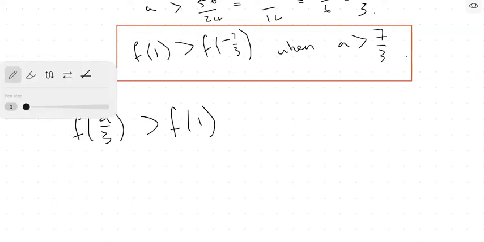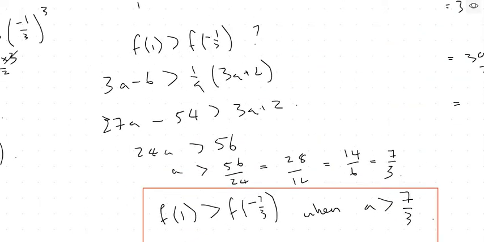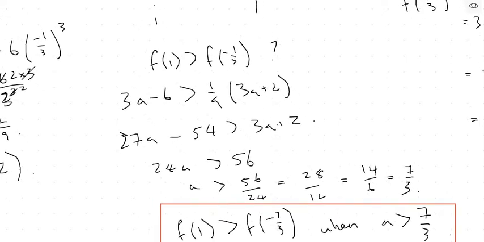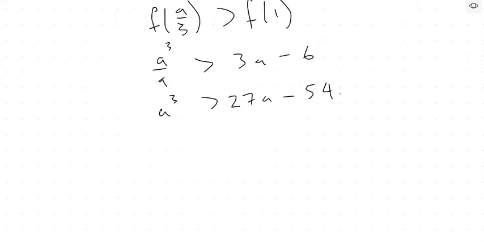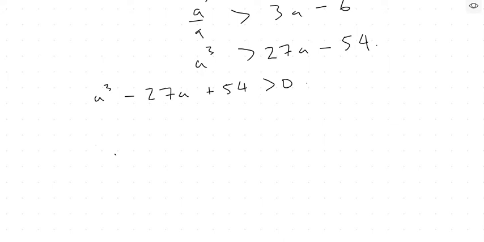Well, f of a over 3 was a cubed on 9, so f of 1 was 3a minus 6, wasn't it? So when is this true? Times both sides by 9, a cubed is bigger than 27a minus 54. So that gives us a cubed minus 27a plus 54 is bigger than 0. Right, let's find a factor of this. Does 2 work?